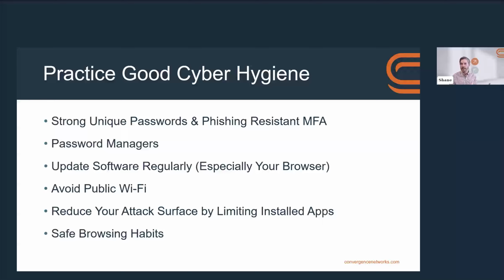So if you are going to use public Wi-Fi, just be careful about what kind of transactions you conduct over the web in those environments. And ideally try to limit those to other times when you're in a more secure environment.